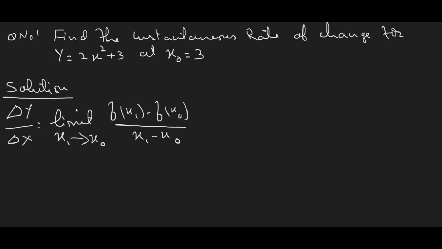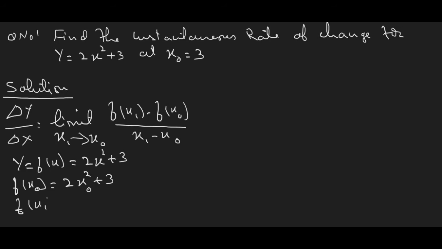Now again, by the definition of the function, we have to write in terms of x0 and x1. So 2x square plus 3, replacing x with x0 and x1. So f of x0 is equal to 2x0 square plus 3 and f of x1 is equal to 2x1 square plus 3.